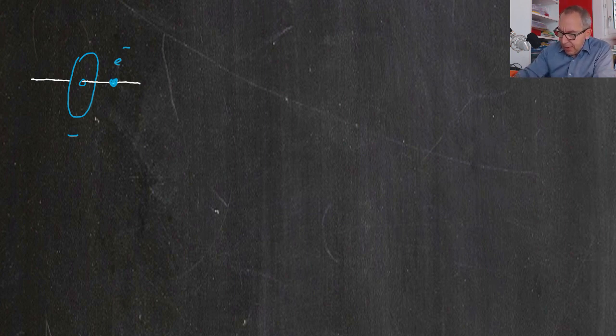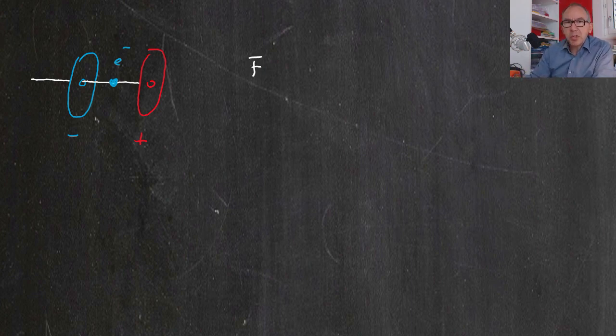And if I put a positive plate on this side, again with a hole in it, it will be attracted by this positive plate. We could also say that the electric field between these two plates is accelerating the electron. Let's calculate this.